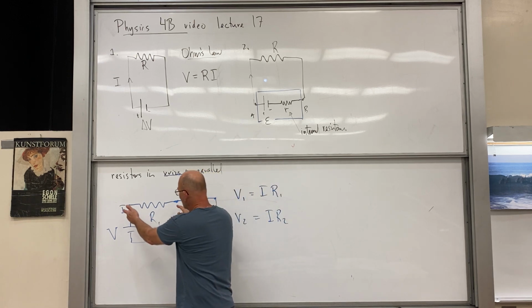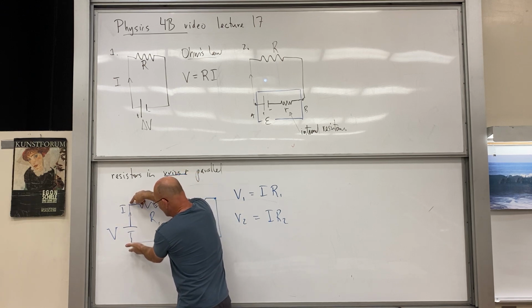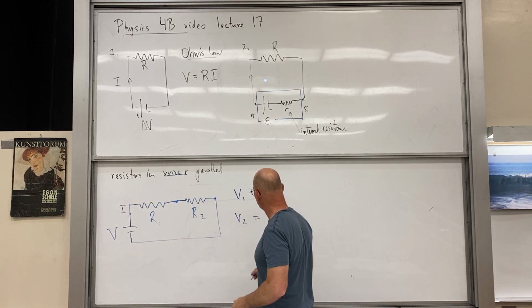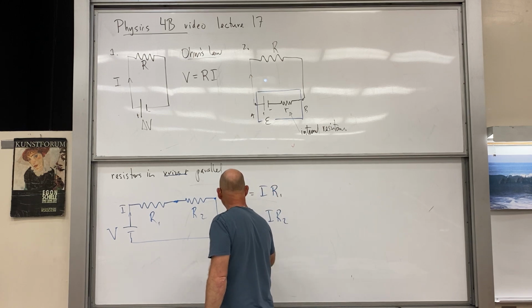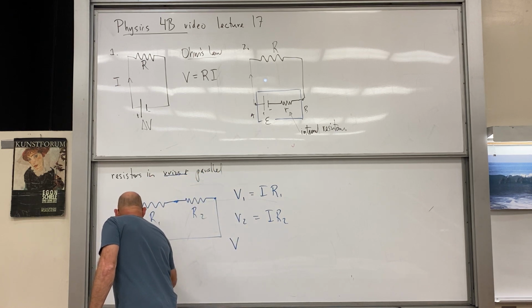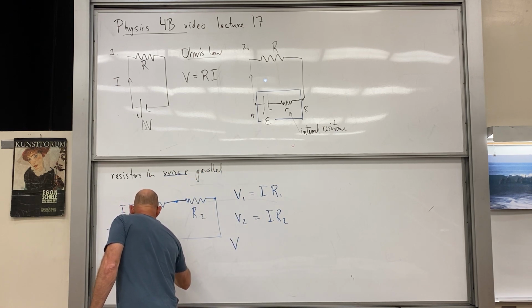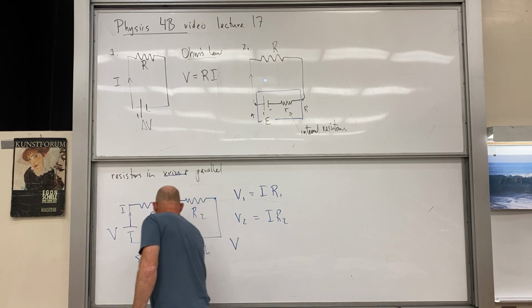But these voltage drops have to be equal to the battery voltage drop. So we have V, and I'll put here in words, same current through each resistor.